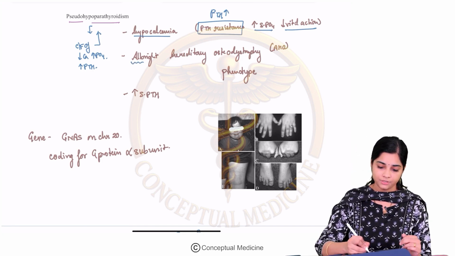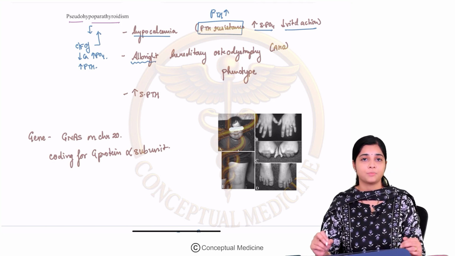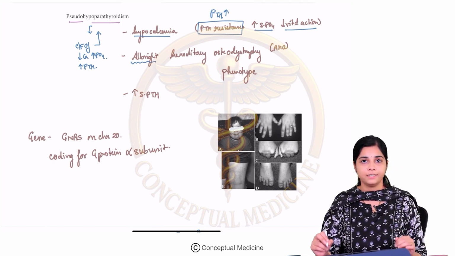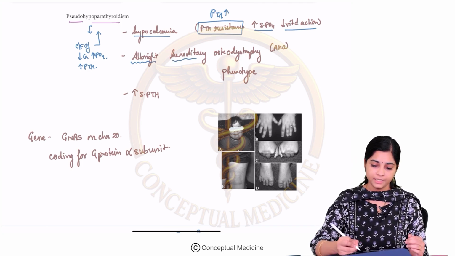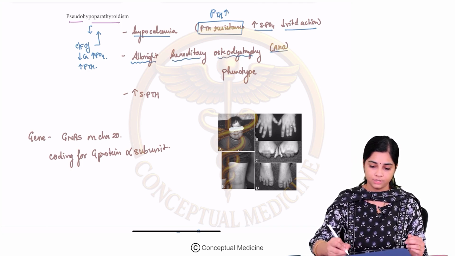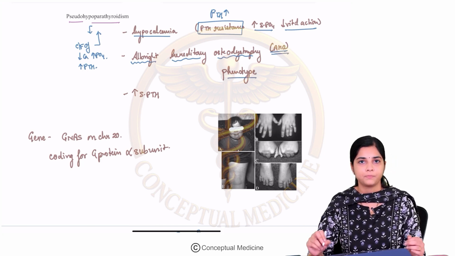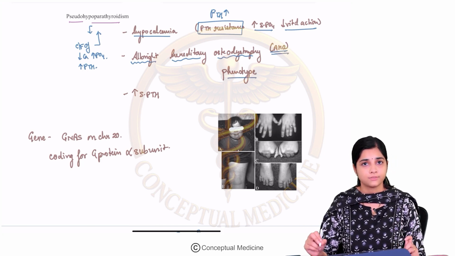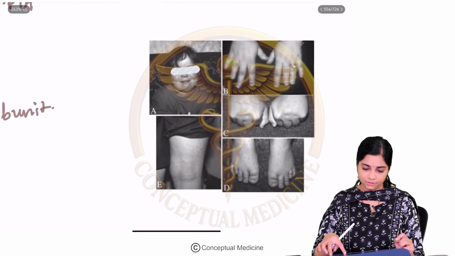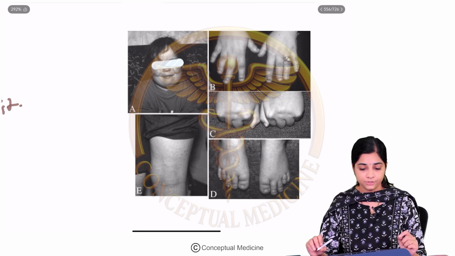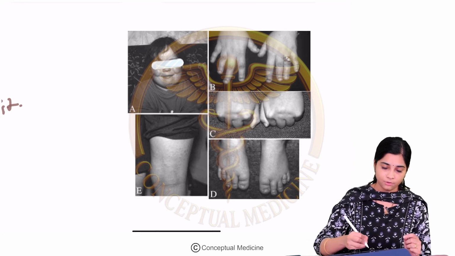Then all of the patients or most of the patients with pseudo hypoparathyroidism have this kind of a specific skeletal abnormality that we call as Albright hereditary osteodystrophy, or the AHO phenotype. So what is this AHO phenotype? So this AHO phenotype basically comprises of these.